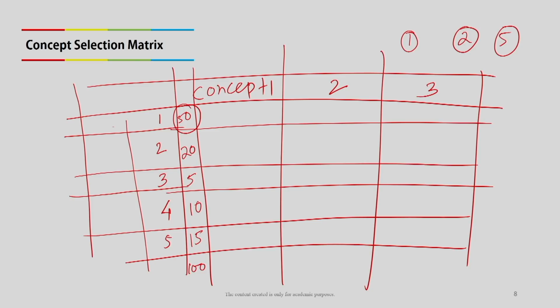Here, let us see in concept 1, for criteria 1, it is fulfilling very nicely, so I have to give it rank 5. Here I have to put 5 into 50.